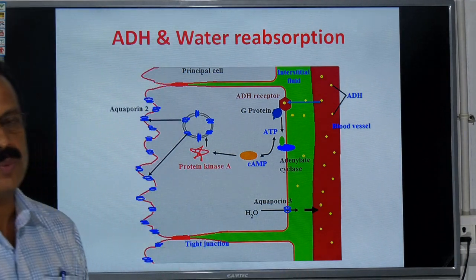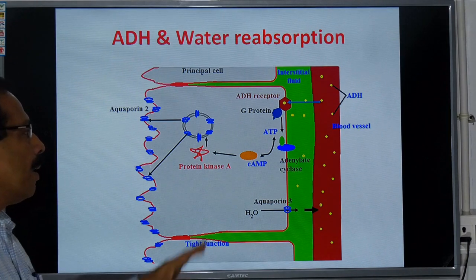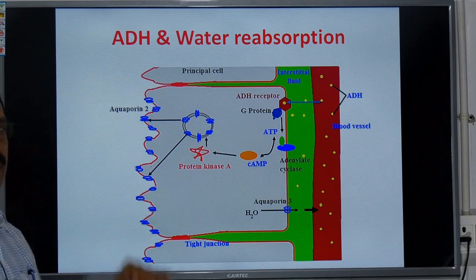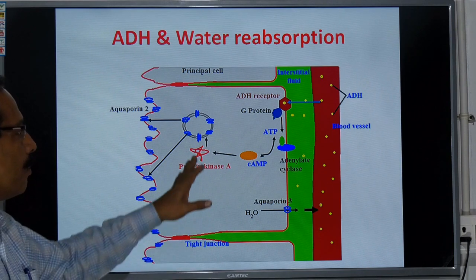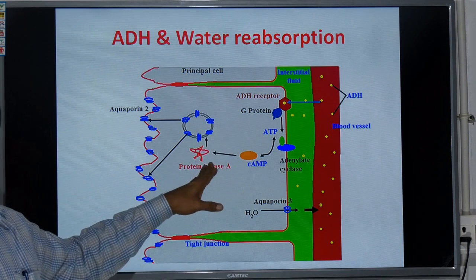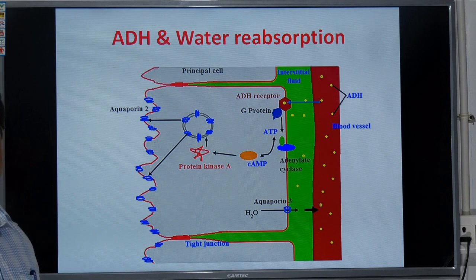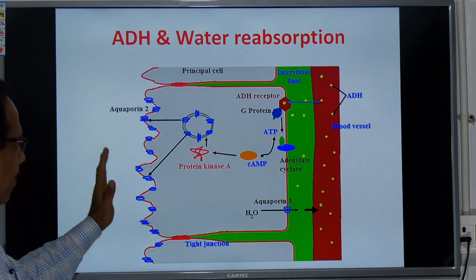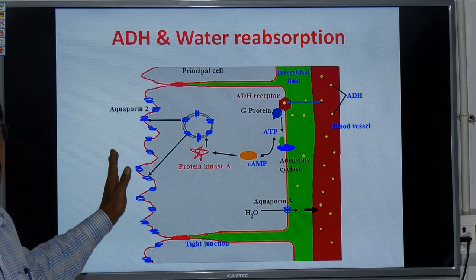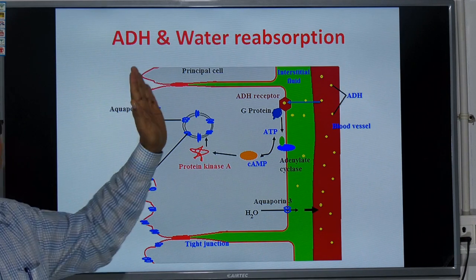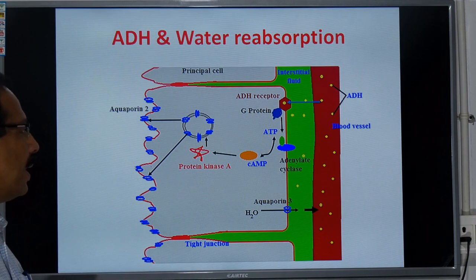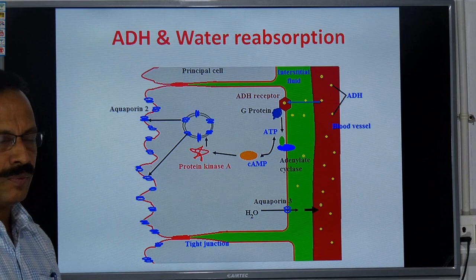This osmotic movement of water is caused by the presence of sodium, chloride and urea in these principal cells. Because of the presence of sodium, chloride and urea, the tonicity of the cells is higher, hypertonicity. We already know that most of the solute materials are reabsorbed, and there is no reabsorption of water in the loop of Henle as well as the early distal convoluted tubule.